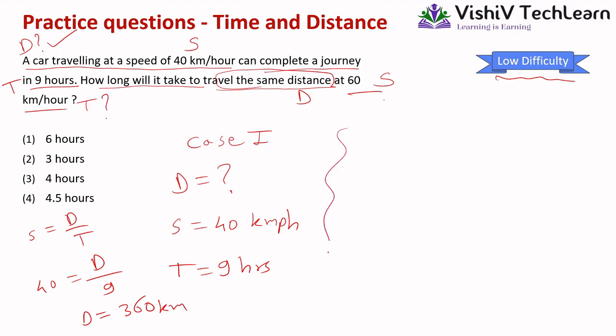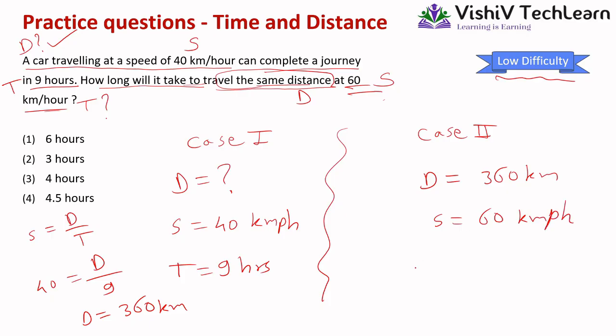Now in the second case, case number 2, what things are given? How long will it take to travel the same distance? So we have to consider the distance the same, which is 360 km. Then speed is also given, 60 km per hour, and time we have to calculate. So let's write down the same formula.